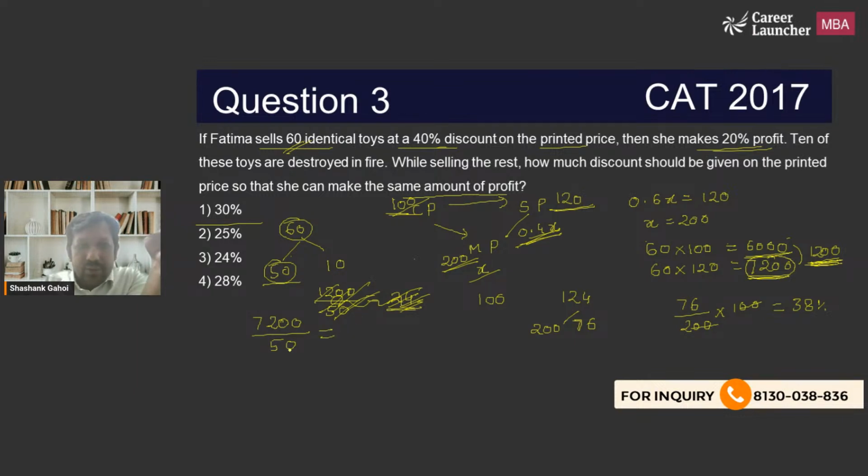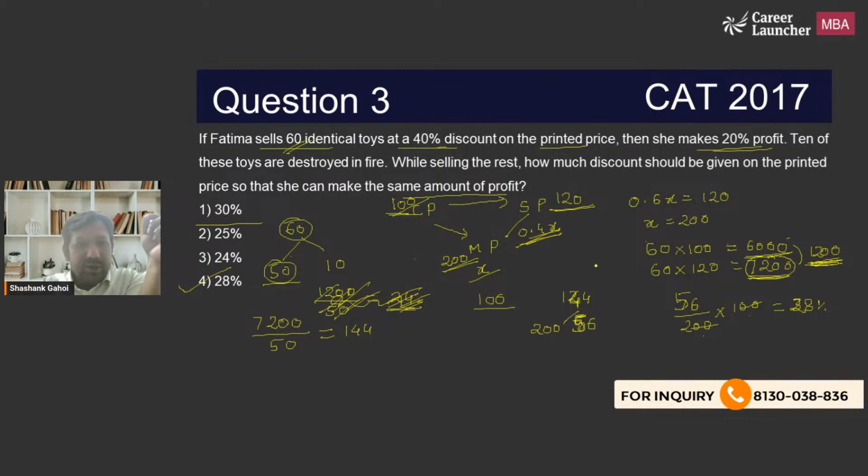That is 7200 divided by 50. So this comes out to be 144. Now cost price is 100. She needs to sell it at 144, and then she needs to give a discount of 56 rupees. So what is the discount percent we are talking about? That is 56 divided by 200 into 100, and that comes out to be 28%. So answer of this question is going to be option 4.